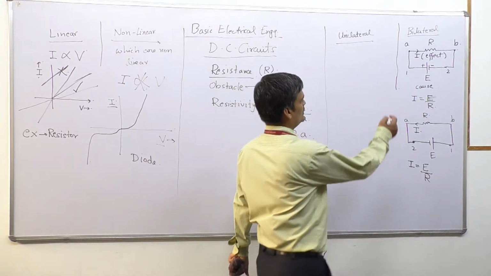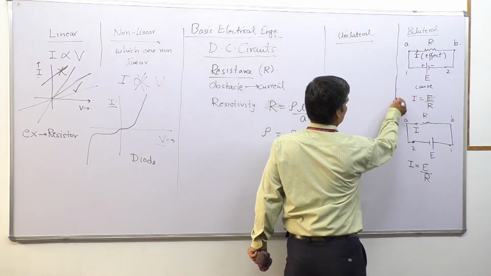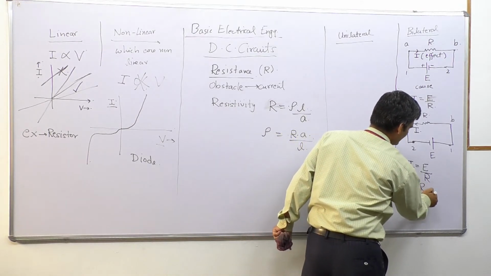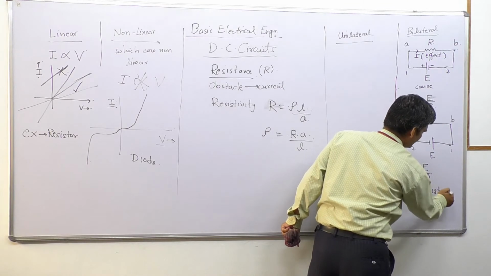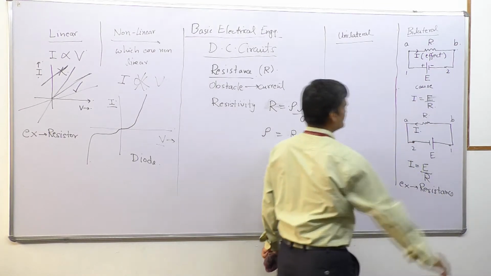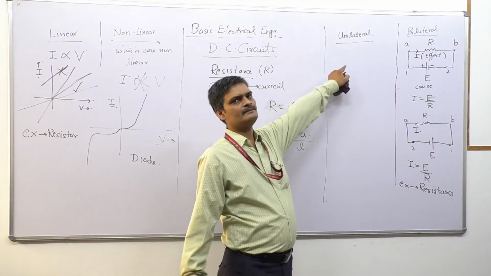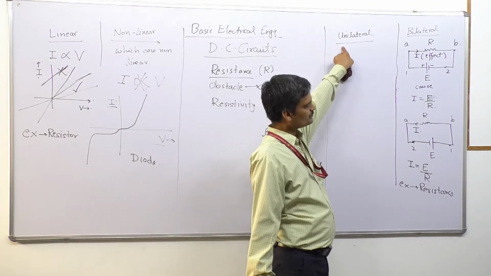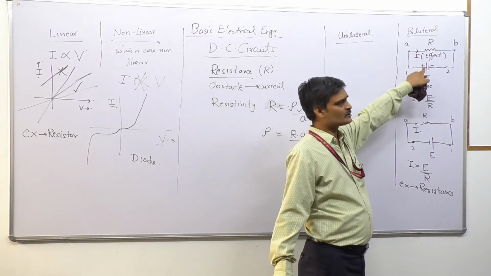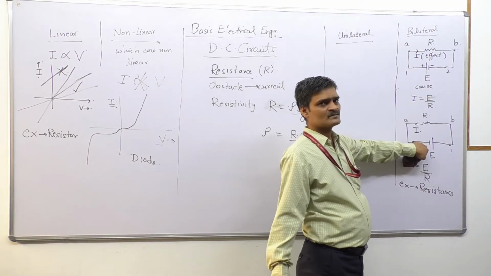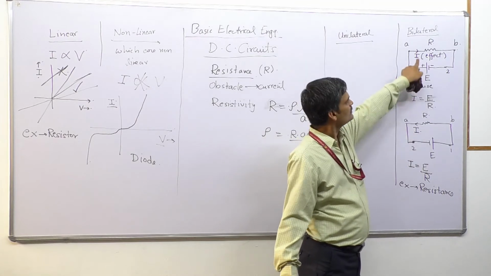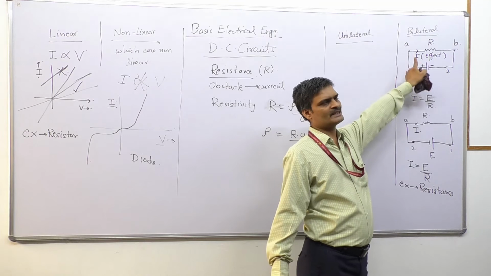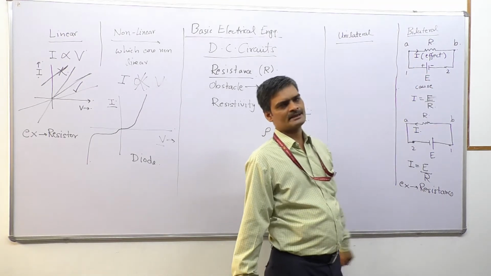We have resistance as an example of a bilateral element. Then what is unilateral? Uni means one, bi means two. From both directions, the magnitude of effect is unchanged. Such an element is bilateral.